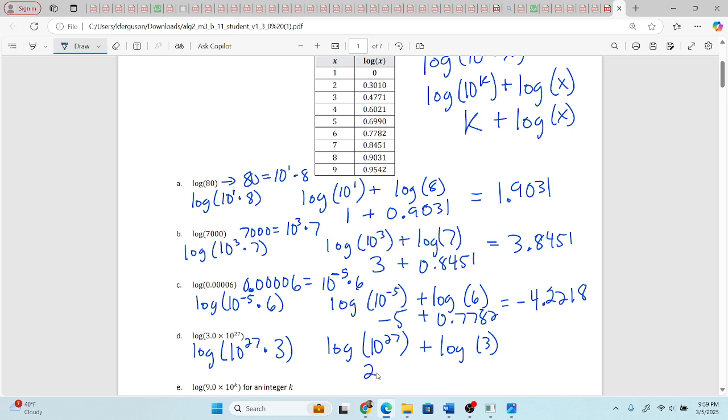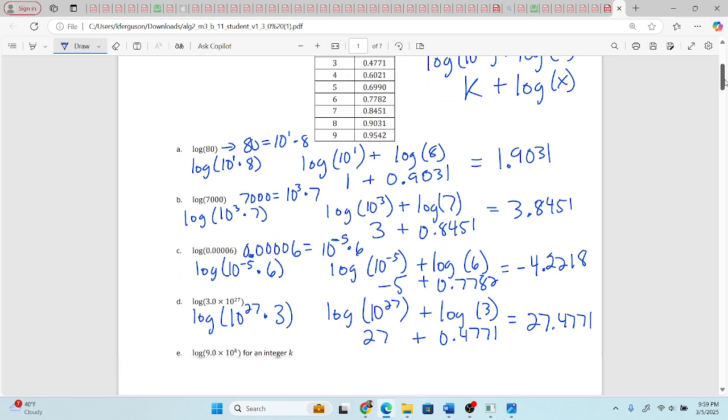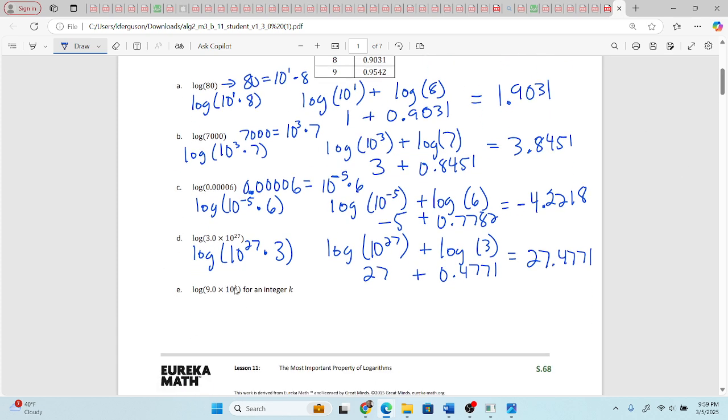And that's going to be 27 plus 0.4771. So that's going to be 27.4771. Pretty straightforward, right?